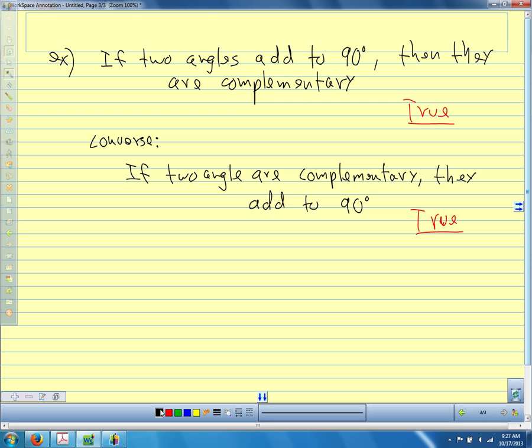So let's write the biconditional. So the biconditional, we're just going to take both parts and combine them, but with if and only if. So how would we do that, Mitchell?